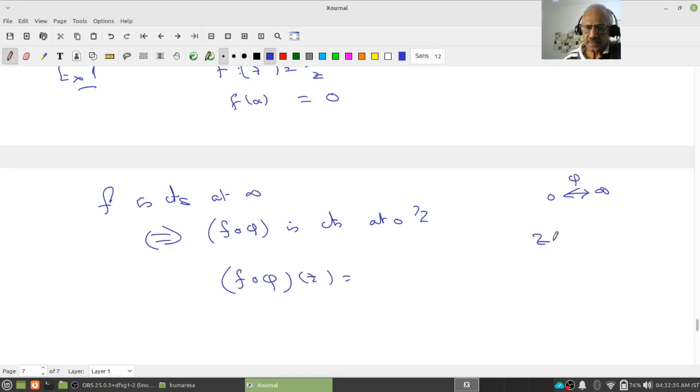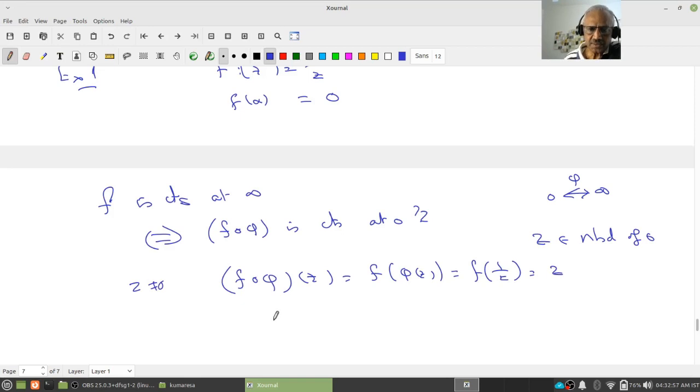Okay, for z in some neighborhood of 0, f composite phi of z will be f of phi of z. Phi of z is 1 by z, and f of 1 by z, if z is not equal to 0, is z.